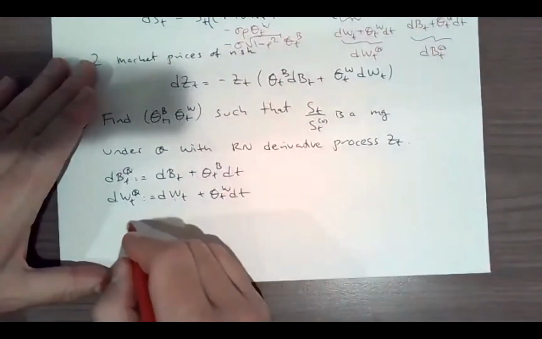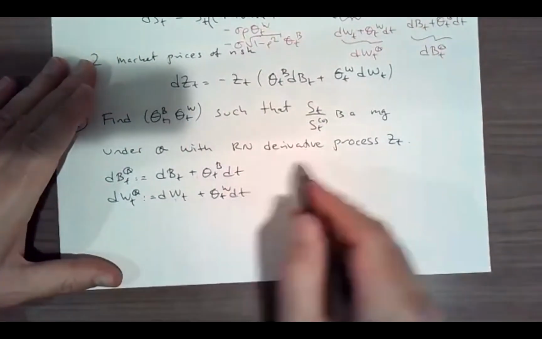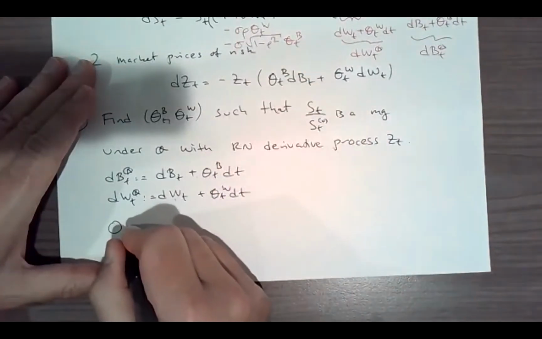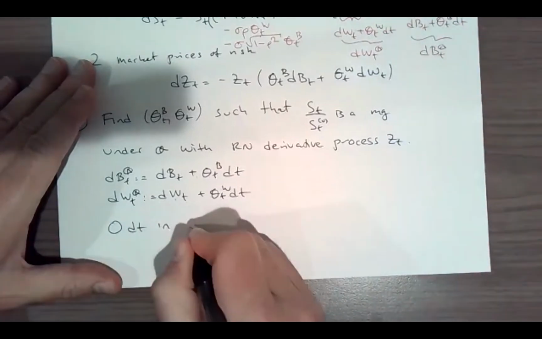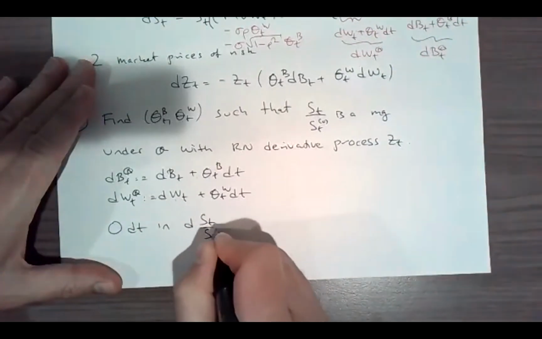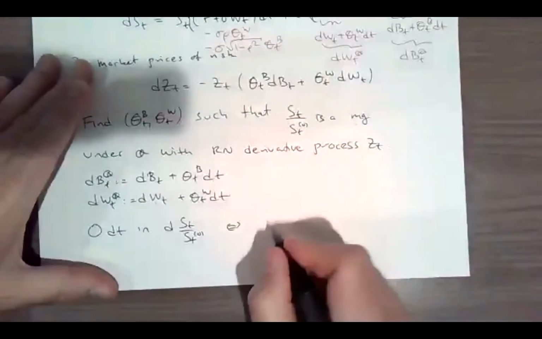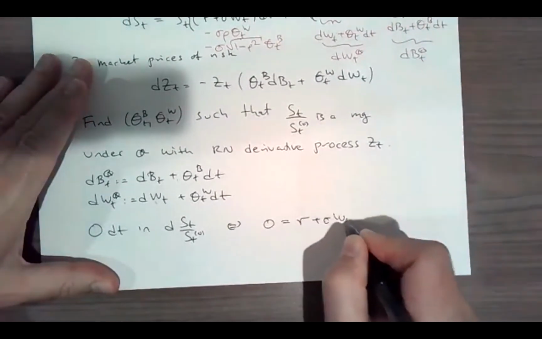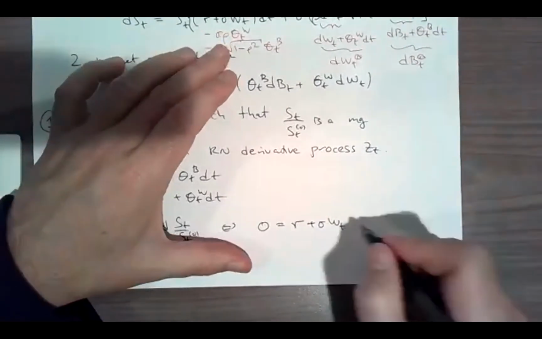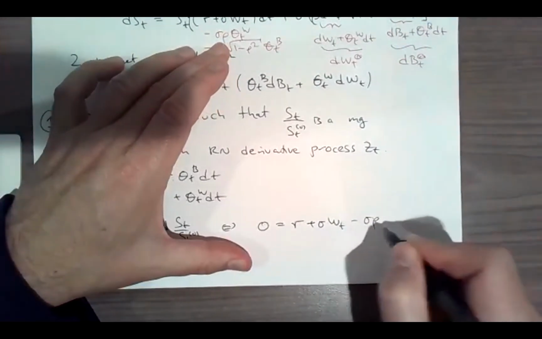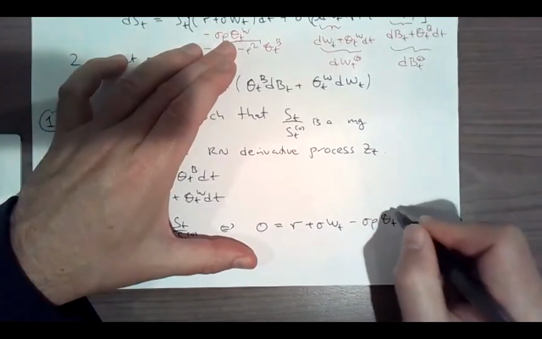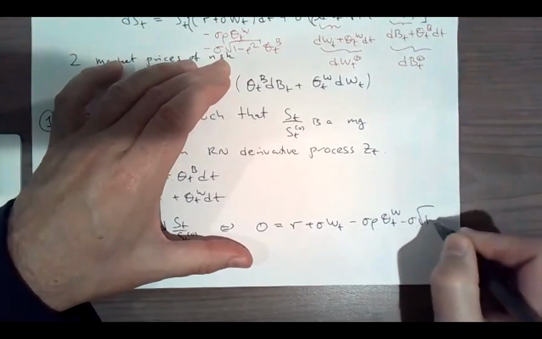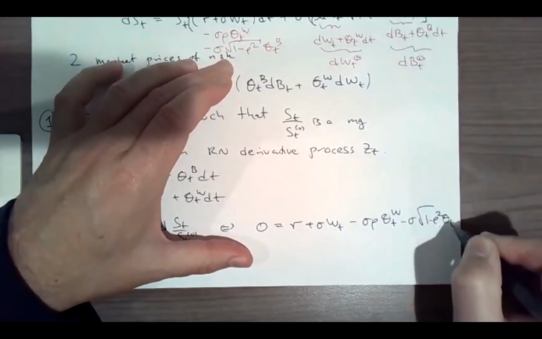So what is the condition? The property we need is that this ratio is a martingale, so no dt. So 0 dt in d of st over st0. It's the same thing as saying that 0 is equal to r plus sigma w minus sigma rho theta t w minus sigma root 1 minus this guy theta t b.